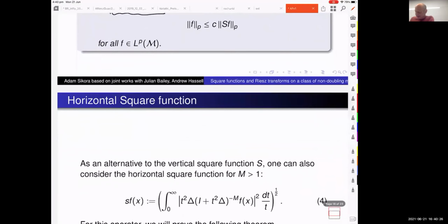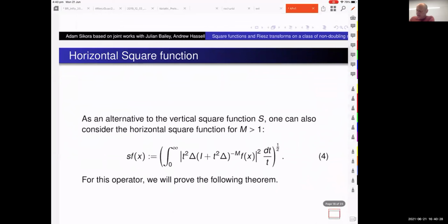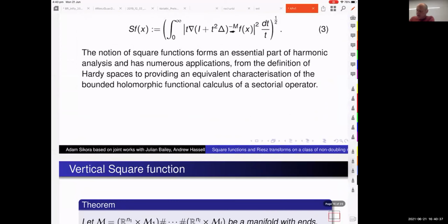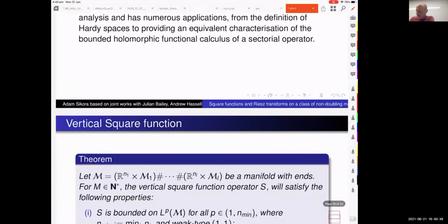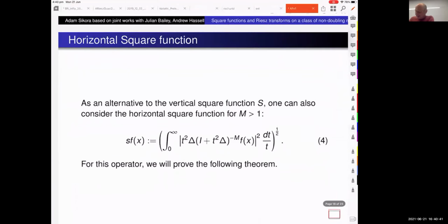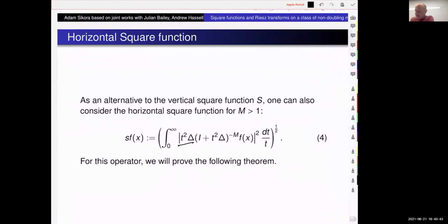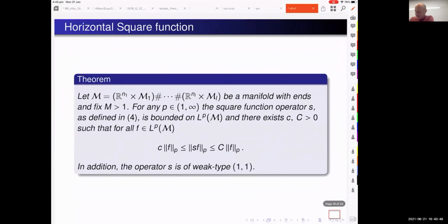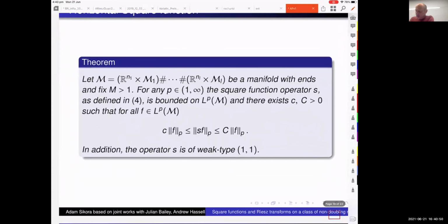So next we've got the same idea with the horizontal square function, right? So once again, instead of the gradient, we consider the Laplace operator, right? And then the situation simplifies quite significantly. As soon as you forget about the gradient, you don't worry about manifolds with ends at all.